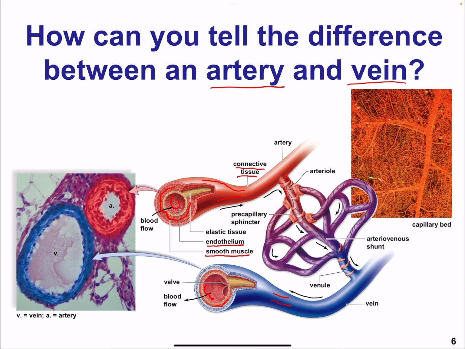The major difference you are going to see here is the thickness of the smooth muscle layer. So here we have the smooth muscle layer for the artery, and here we have the smooth muscle layer for the vein.